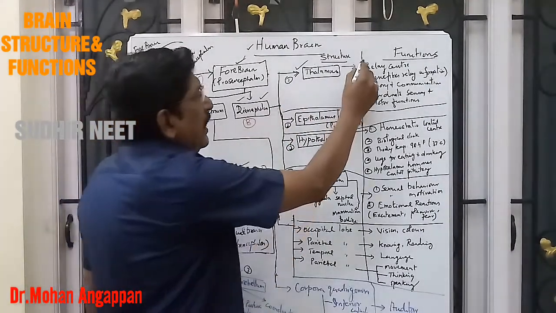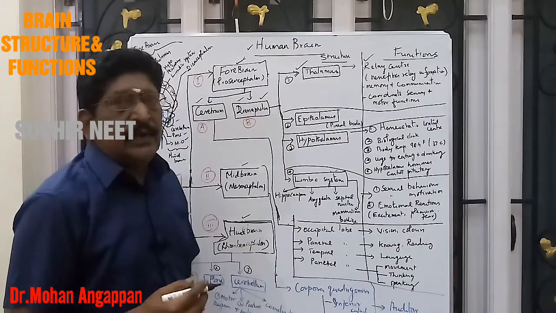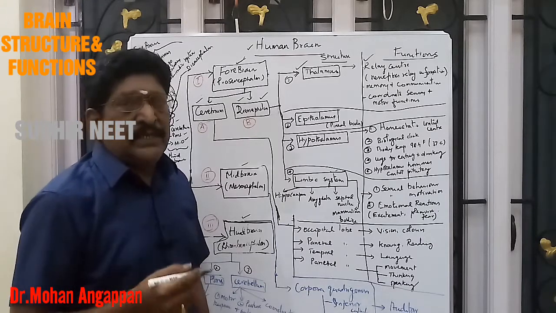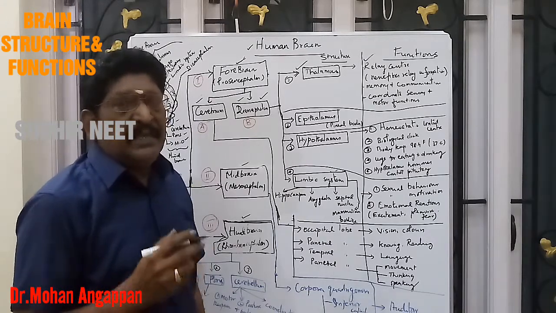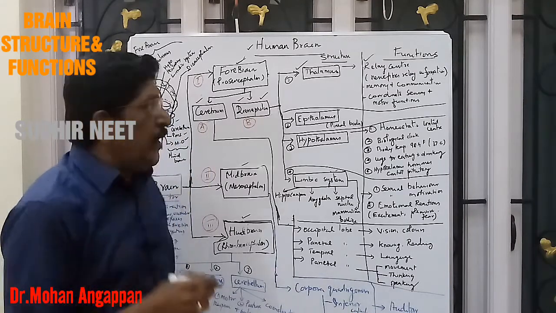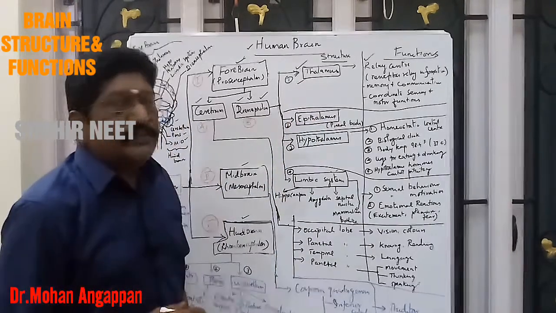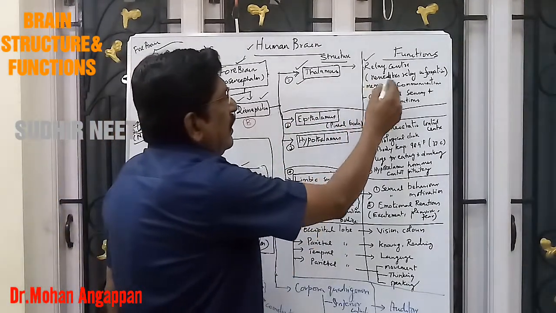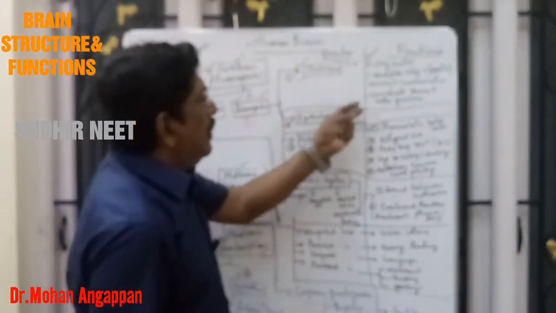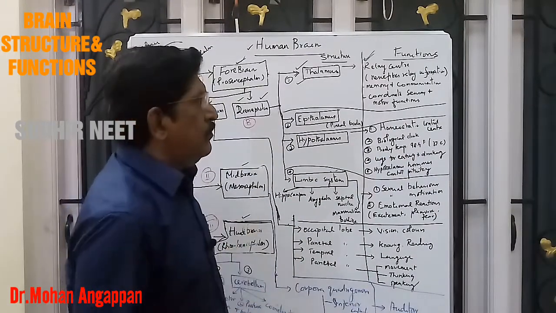It is the relay center. For example, if you go to a hotel, there will be a receptionist. She will ask you a question, pass on the message to the boss, and get the reply to you. Likewise, the thalamus is the receptionist in our body. It is a relay center; it transfers information to and fro.